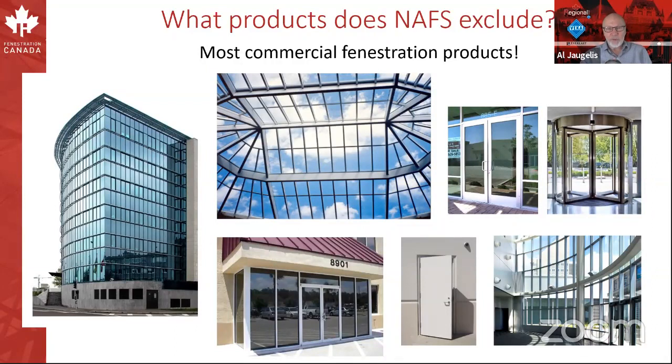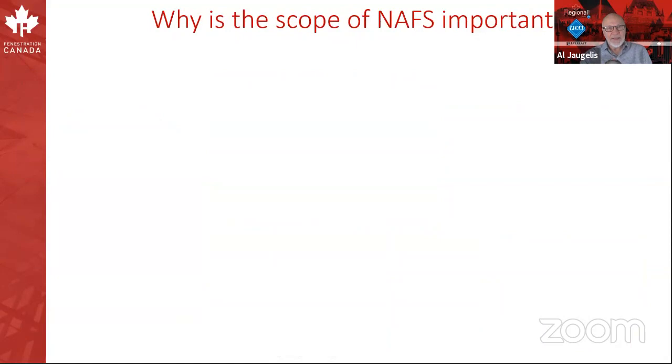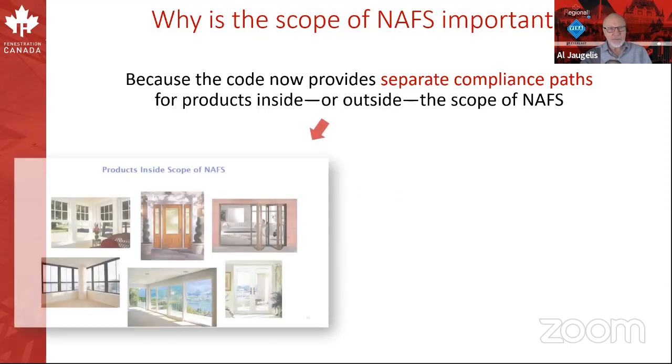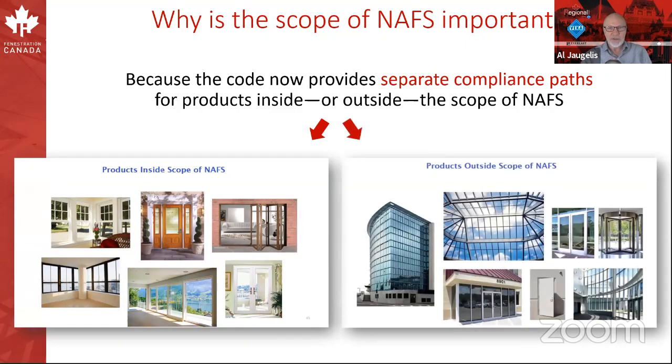It's really important to appreciate this because the code now provides separate compliance paths for products inside or outside the scope of this standard. So we have one subsection devoted to products inside the scope of NAFS, and we have another subsection now devoted to products outside the standard.